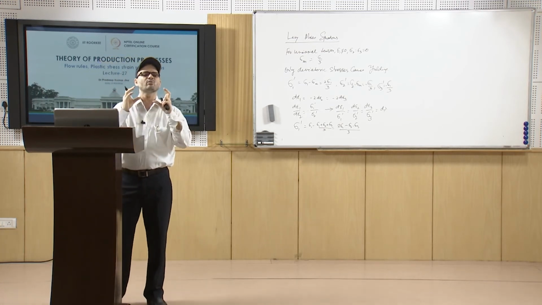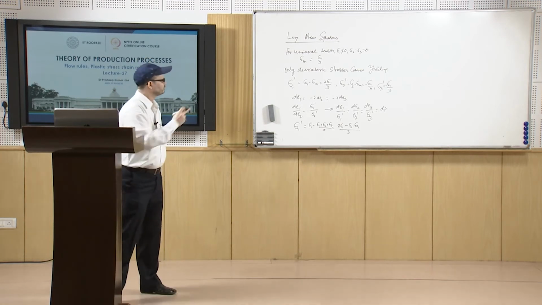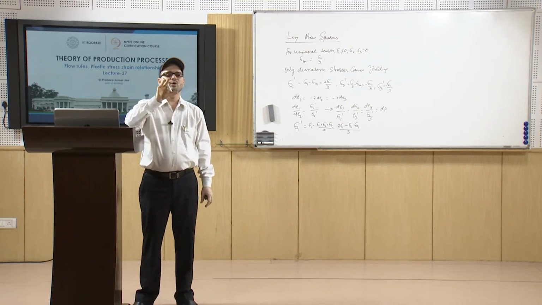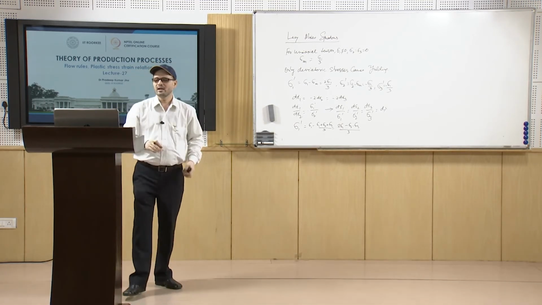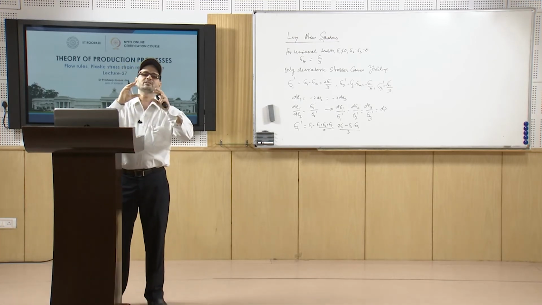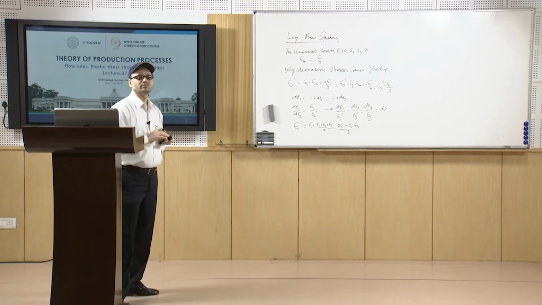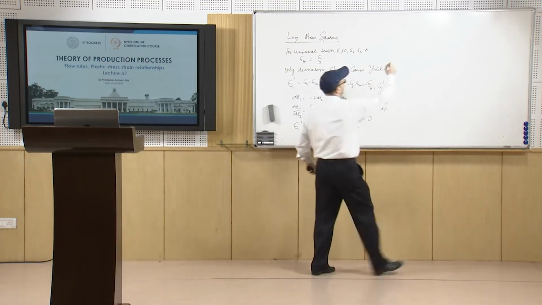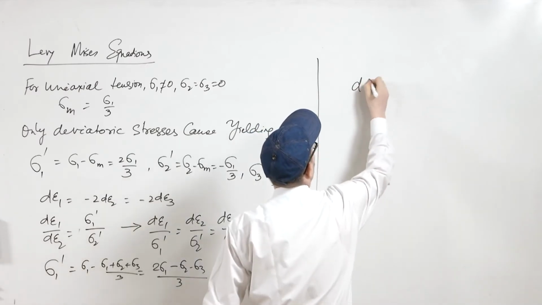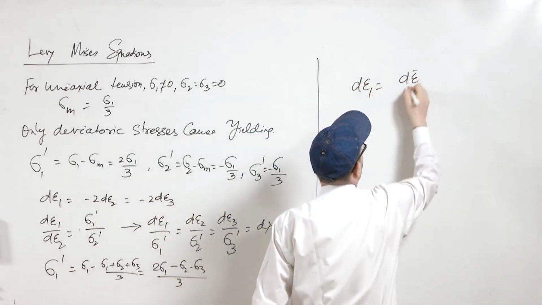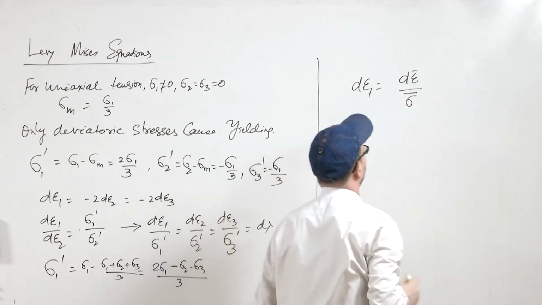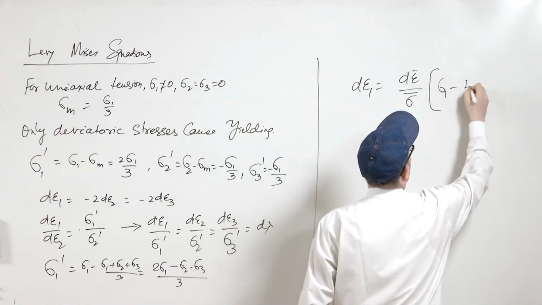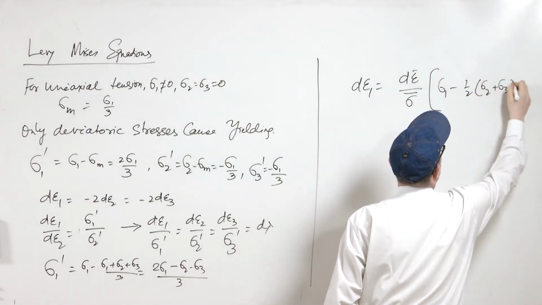So, d epsilon 1 will be equal to effective d epsilon divided by effective stress, times sigma 1 minus half into (sigma 2 plus sigma 3).